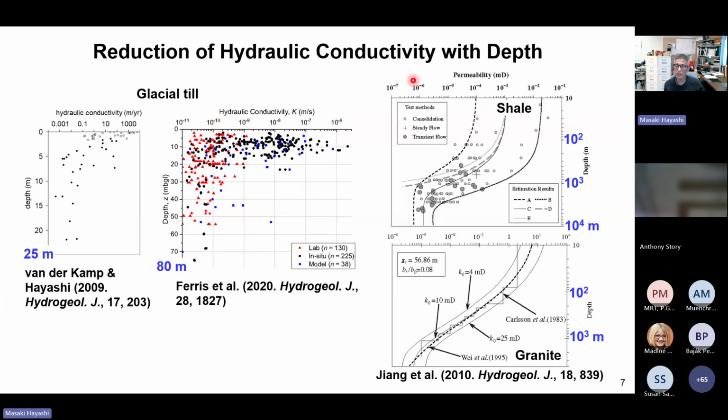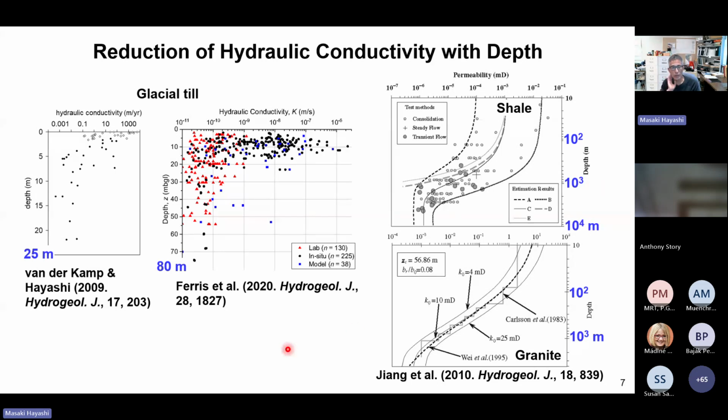He compiled the measurements of hydraulic conductivity and then made some mathematical models of that. This is based on Chris Neuzil's data from the Pierre Shale in the United States, and this is for granite based on data from Stripa in Sweden.